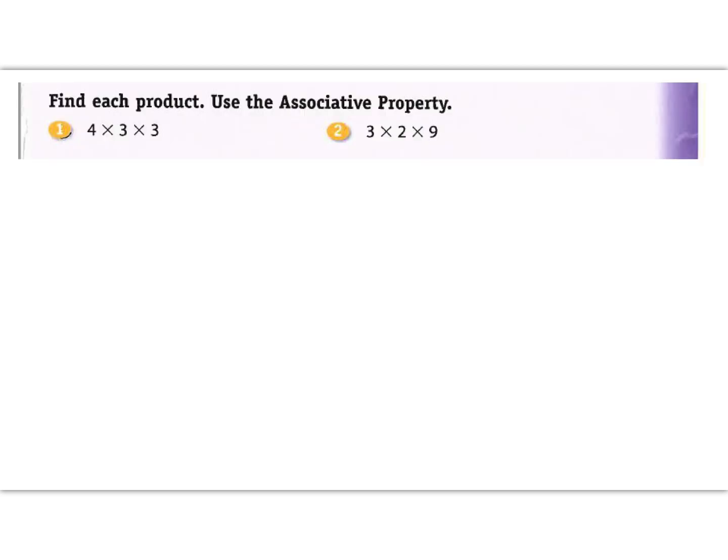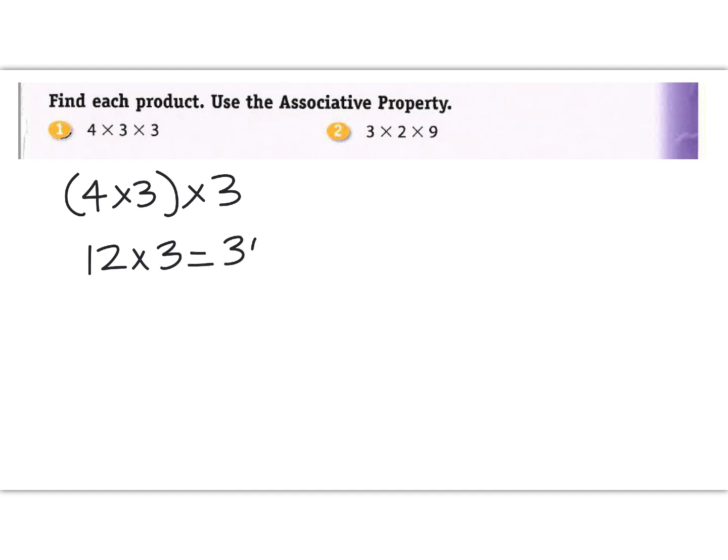This says, find each product, use the associative property. So this is review of what we did before. So associative, we're going to put one set in parentheses, and then we're going to do that first. So we do 4 times 3 is 12, and then 12 times 3 equals 36. Here we're going to do the associative property again.